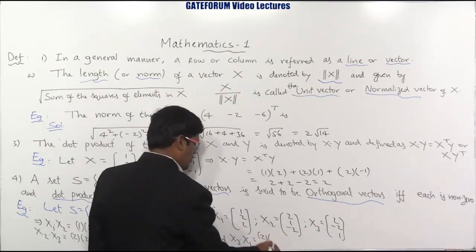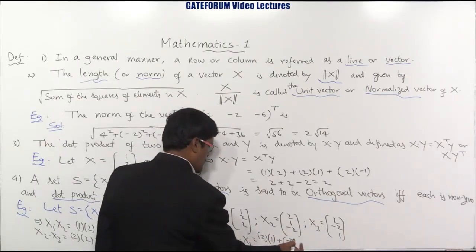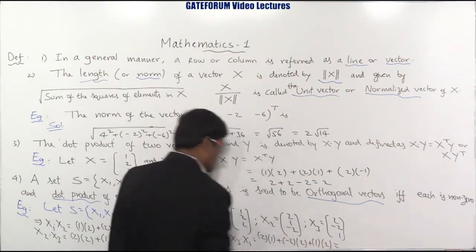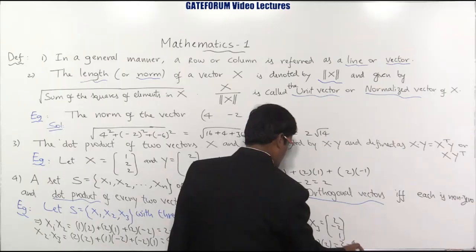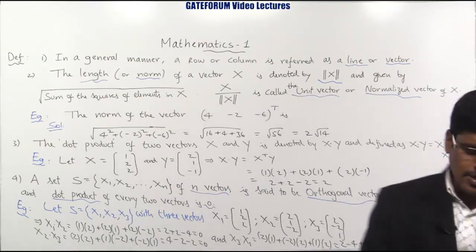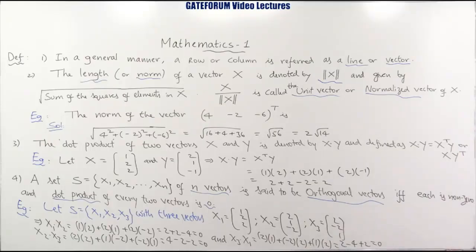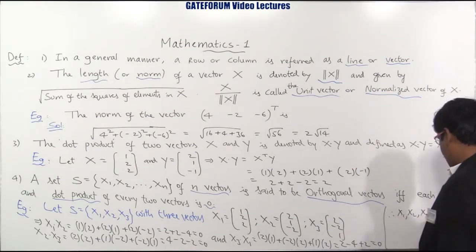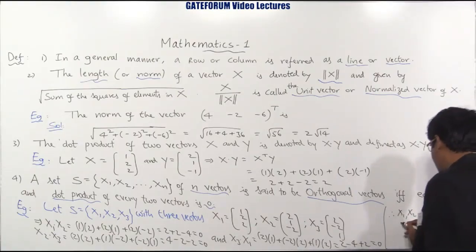So first element into first element plus second element into second element plus third element into third element simplifies to 2 minus 4 plus 2, which is equal to 0. So pairwise dot product is 0. So therefore x1, x2, x3 are orthogonal vectors.